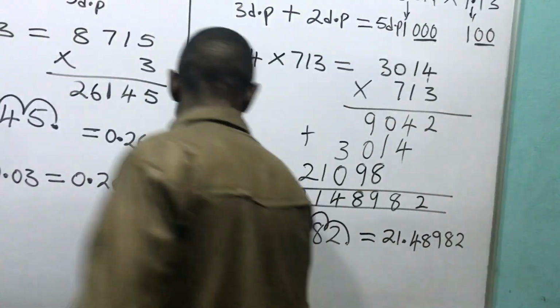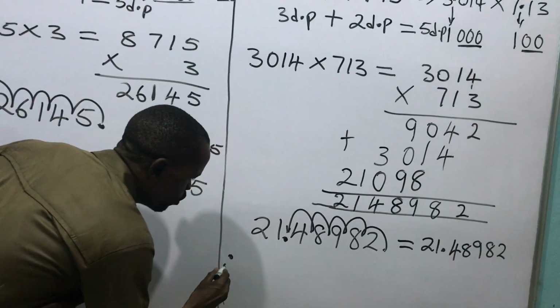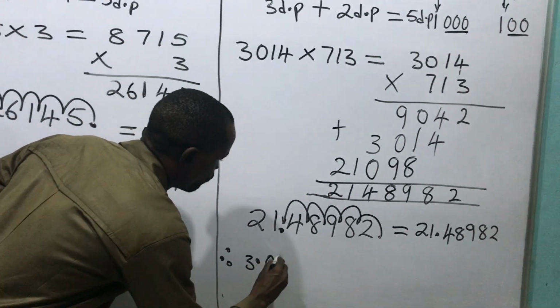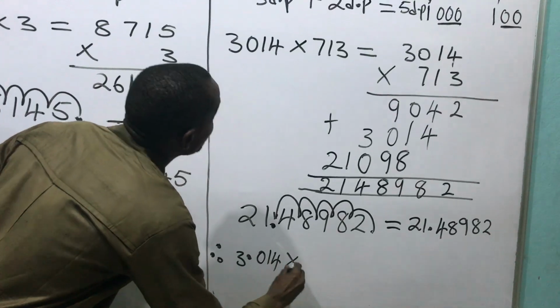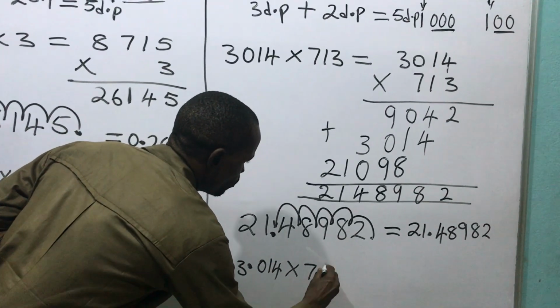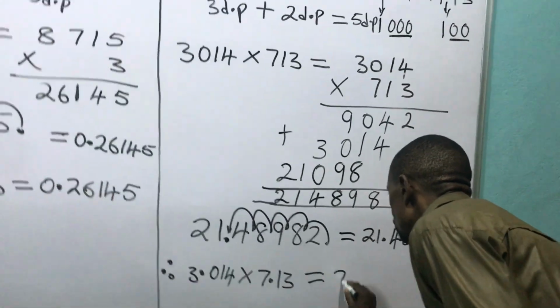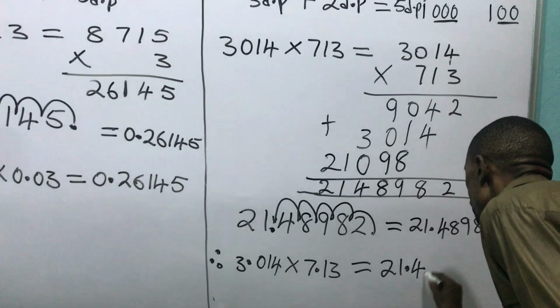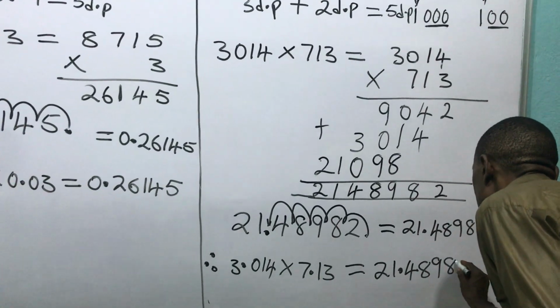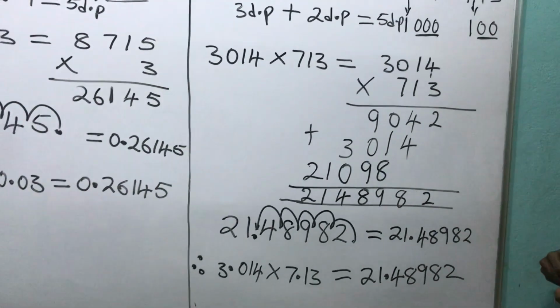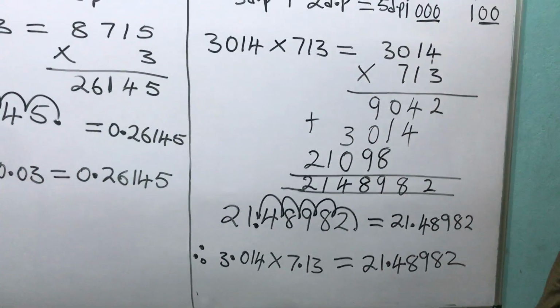Therefore, 3.014 times 7.13 is equal to 21.4882 as my answer. And you see that this is our answer for this particular question.